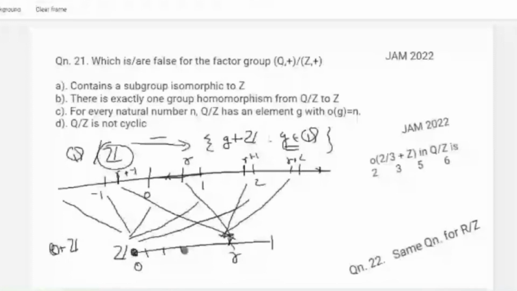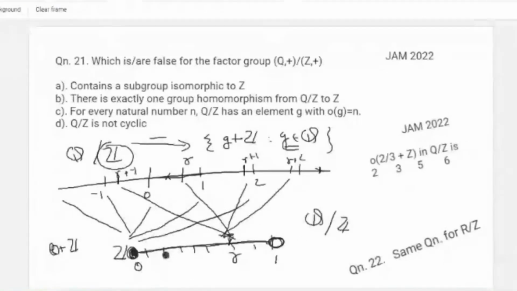You look at all rational points between 0 and 1 except 1. 1 is excluded because 1 is the same as Z. So in the group Q over Z, you have one element for each of these. There is a one-to-one correspondence between the rational numbers like this and Q over Z. This is the idea of the factor group.